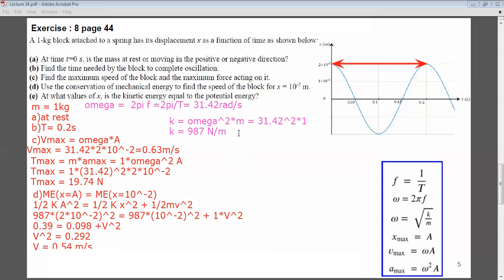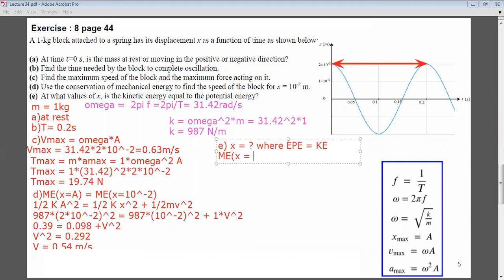Now the last part: at what values of x will the kinetic energy be equal to the potential energy? So part E, x equal what? The unknown is x, where EPE equals kinetic energy. Okay, so I will be using the same conservation of mechanical energy formula.